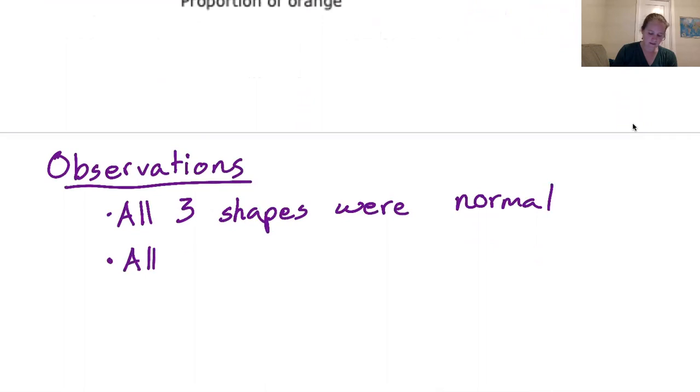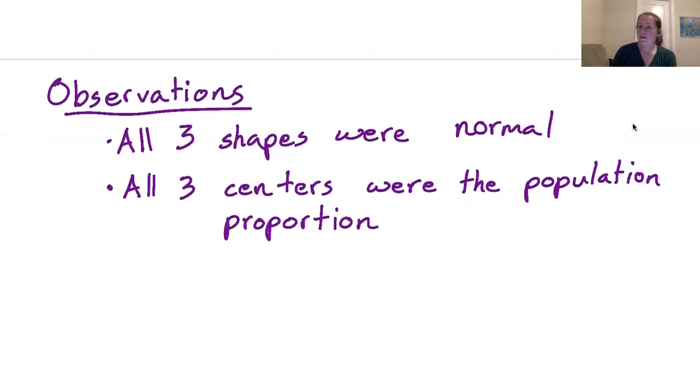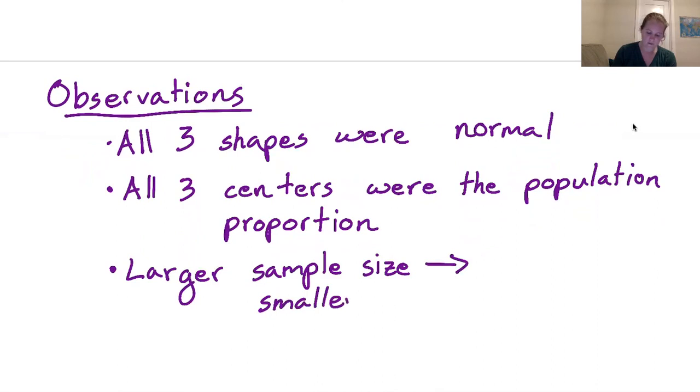All three centers were essentially the population proportion. And then the ones with a larger sample size had this narrower spread, or a smaller spread.